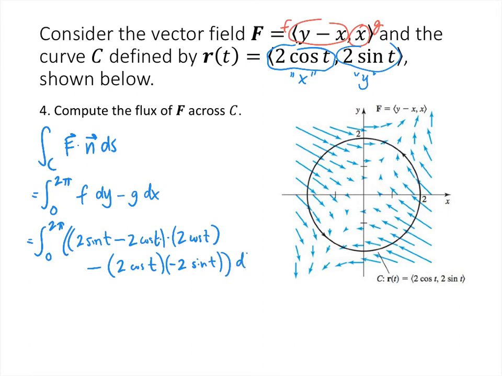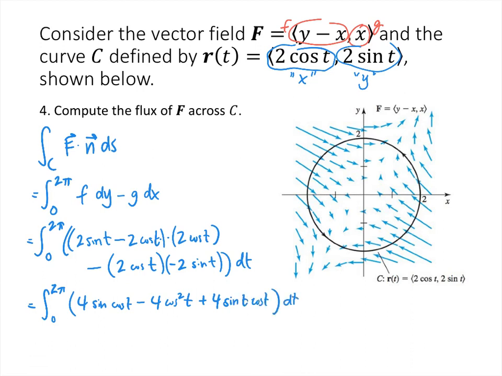So that's what I'm going to integrate from 0 to 2π. Working all this out, what we end up with is 4 sin t cos t, and then minus 4 cos squared t, and then minus 2 times minus 2 is plus 4, times sin t cos t.